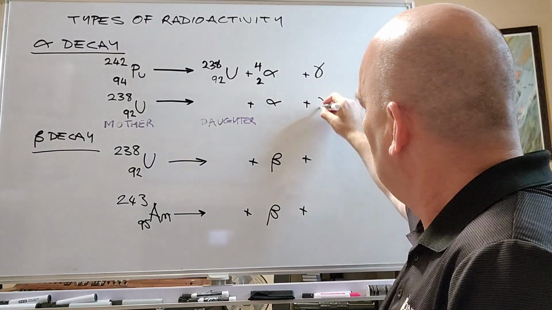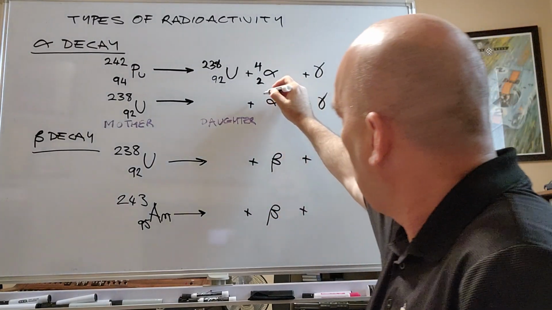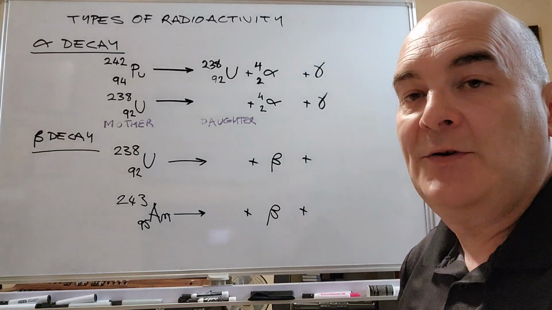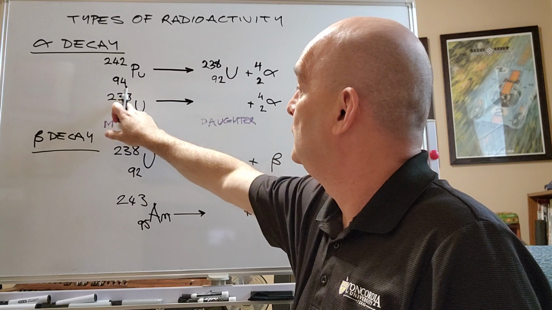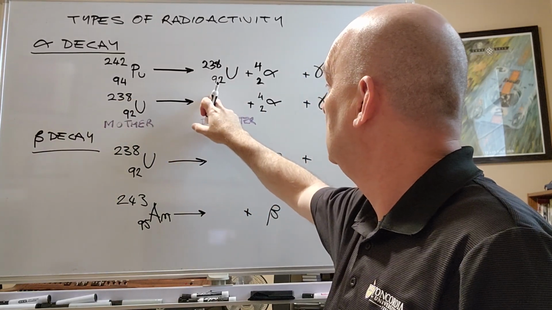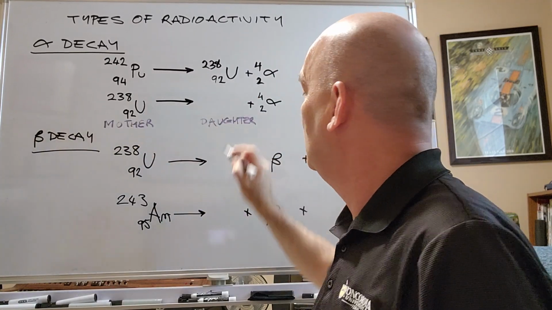Okay, so I know that there's going to be an associated gamma emitted with this alpha decay, and that the alpha has numbers 4 and 2. So 238 is equal to a number that goes here, that when you add 4 to it is equal to 238.